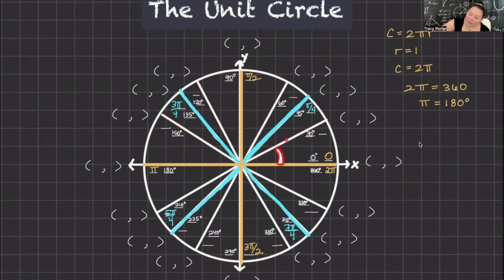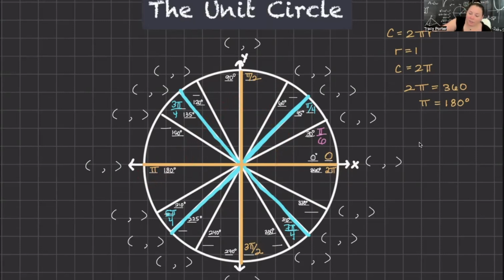From here to here, from here to here, here to here, and like that. Okay, so there's your 6 pieces that you're dividing it into. So we're going to take pi, and if you divide it into 6 pieces, it's going to be pi over 6. So that means 30 degrees is going to be equivalent to pi over 6.